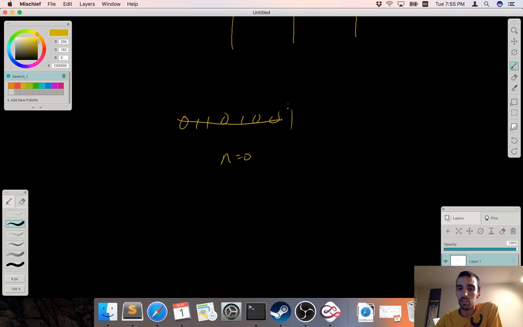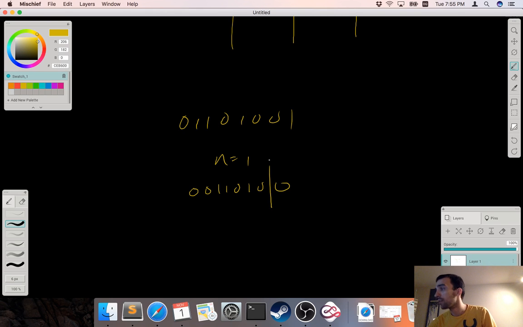When you mod it by 2, basically you take the rightmost bit, which chops off all the left numbers. So if n equals 0, you don't right shift it, and then you just get this number right here. If n is 1, then you right shift it, you get this, and then you mod it by 2, which chops off all the numbers on the left, and then you get this bit, right? If n is 2, then this bit is over here, and all these get chopped off.